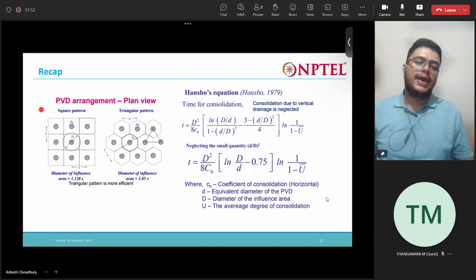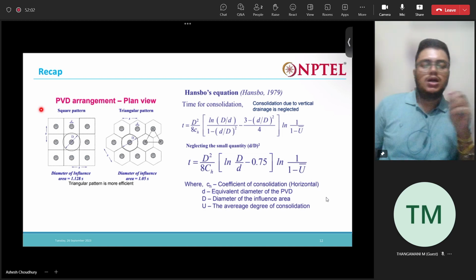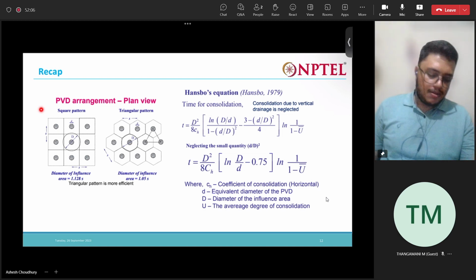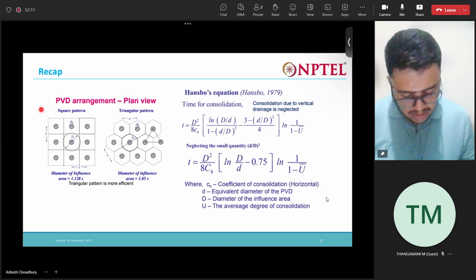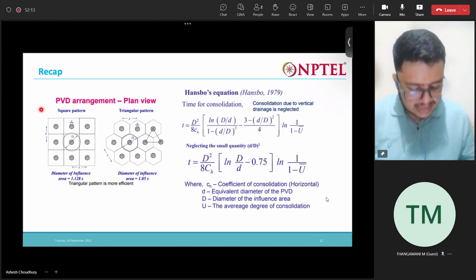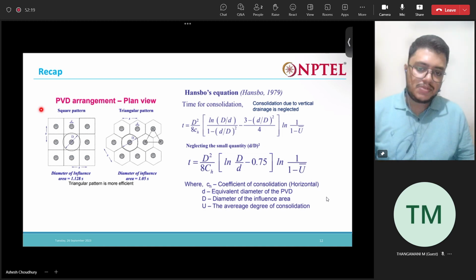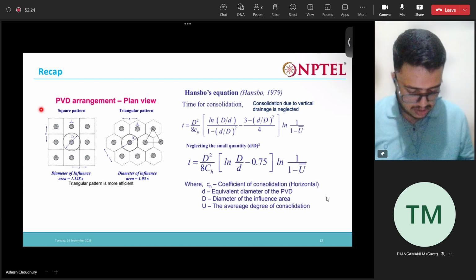Now Hansbo gave an equation by which we can determine the time required to achieve a certain degree of consolidation. In this equation, t is the time, D is the influence diameter, CH is the coefficient of consolidation in the horizontal direction, small d is the equivalent diameter of the PVD, and U bar is the average degree of consolidation.